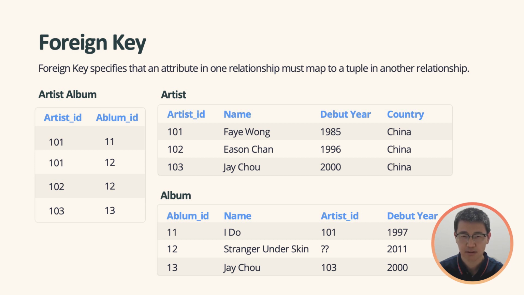For instance, ID 103 shows that the artist is Jay Chou, with the corresponding album ID 13 from the year 2000. When a primary key in one table is referenced as an attribute in another table, it automatically becomes a foreign key. This is crucial because these primary and foreign keys often appear together, allowing for complex relational queries.